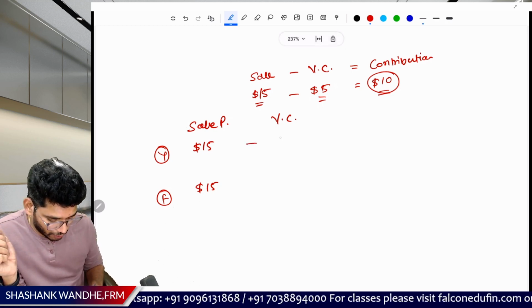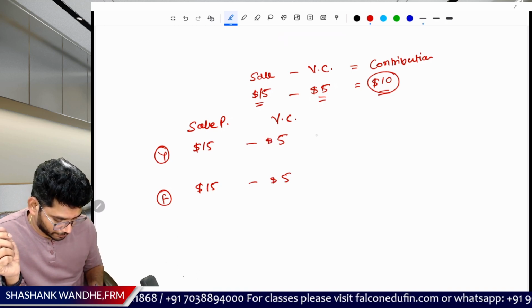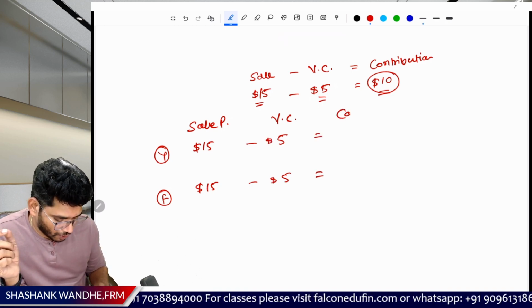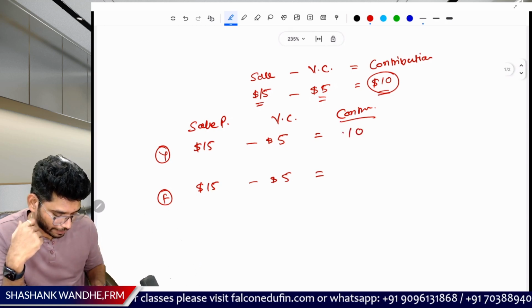And obviously the variable cost is the same, $5 and $5, which gives you a contribution of $10.